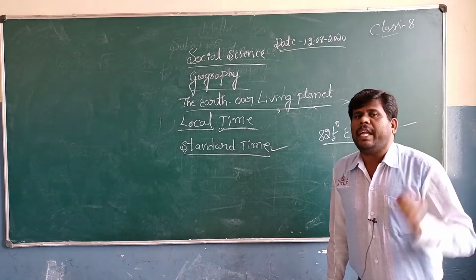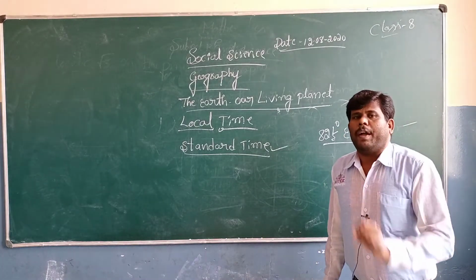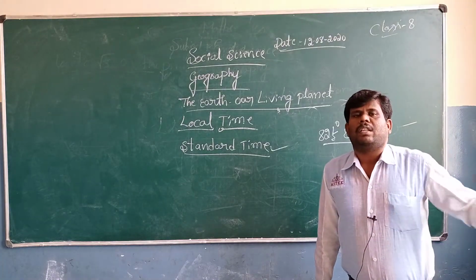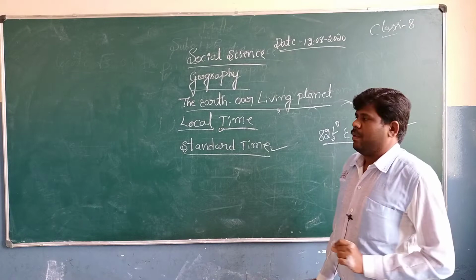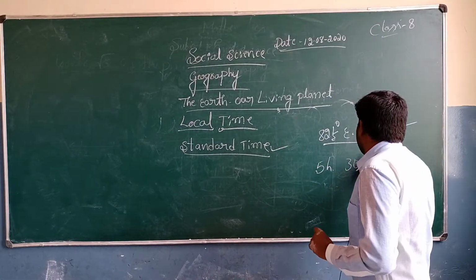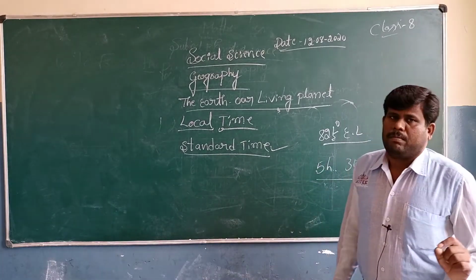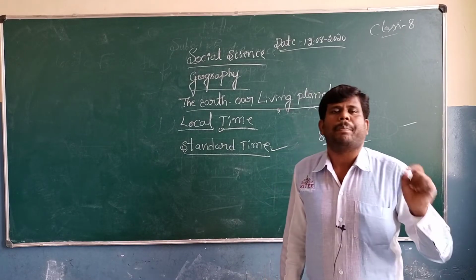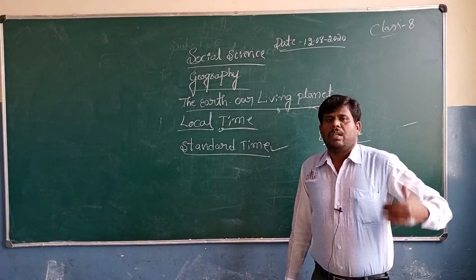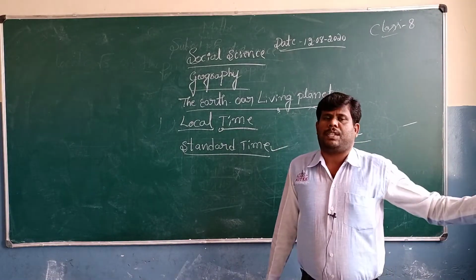Our Indian time is ahead of Greenwich Mean Time by 5 hours 30 minutes. Greenwich Mean Time is the prime meridian, which passes through London. Compared to London time, our Indian time is 5 hours 30 minutes fast.